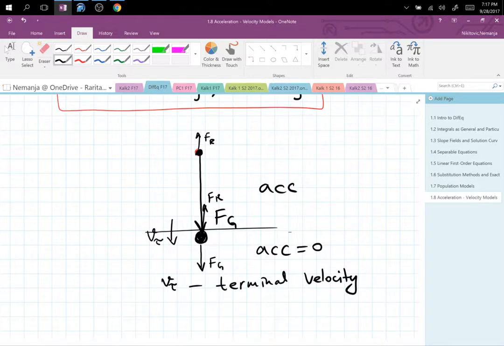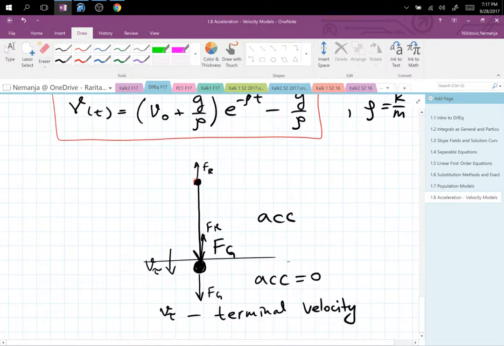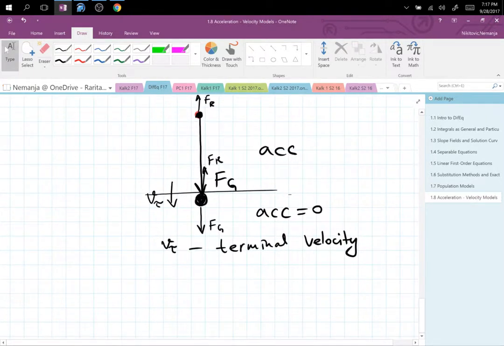The terminal velocity, the terminal speed, you are going to obtain from this equation, again, taking the limit. Remember what I said? You keep taking the limit, and you get stuff for differential equations. So in this case, the limit as t goes to infinity of v of t.